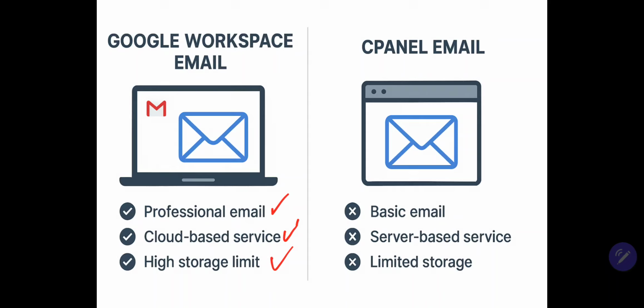When customers open the email, the sender name looks trusted. The interface is clean because it's Gmail. Emails rarely go to spam. You get professional features like smart compose, labels, powerful search, and mobile sync.